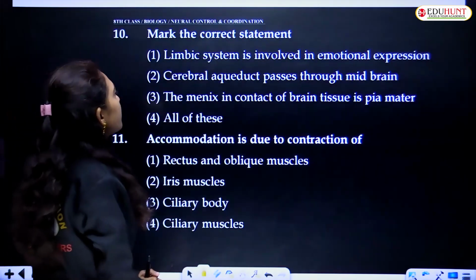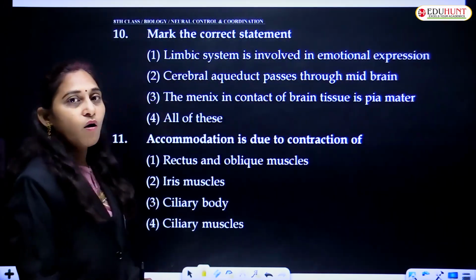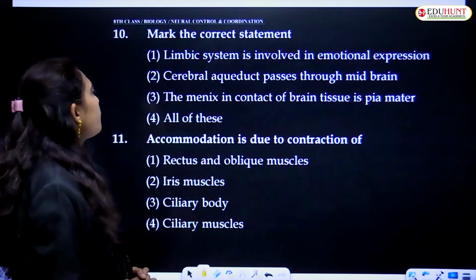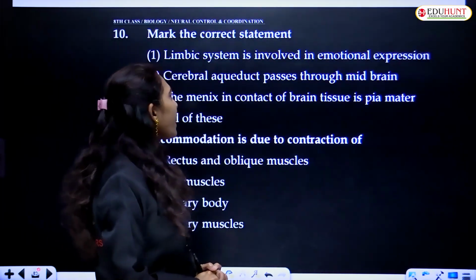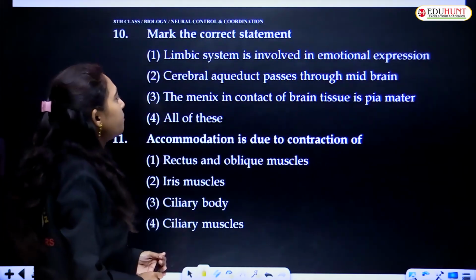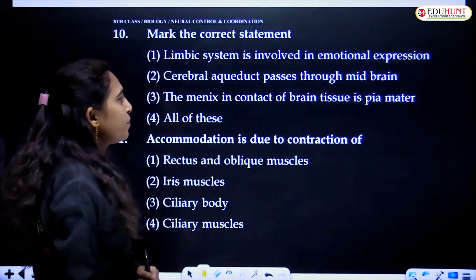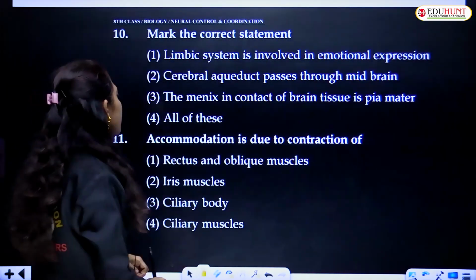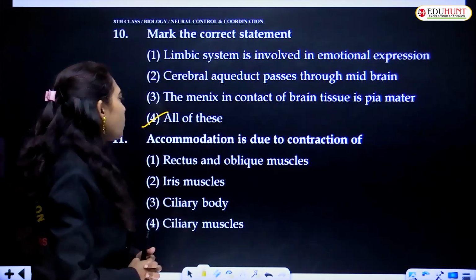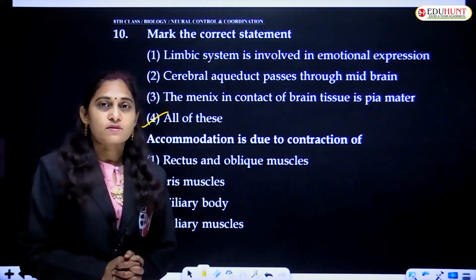Mark the correct statement. The limbic system is involved in emotional expression. The cerebral aqueduct passes through the midbrain. The meninx in contact with brain tissue is the pia mater. So all of these are the answer.